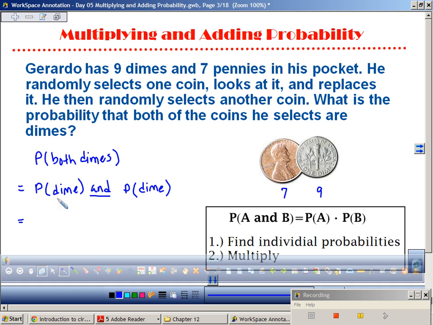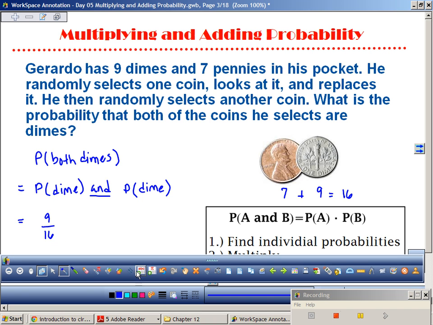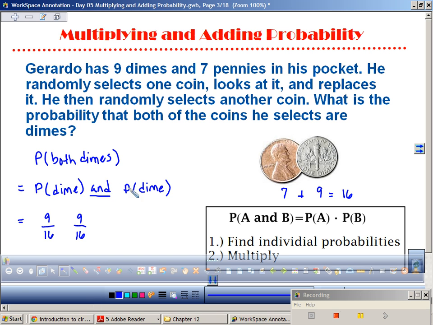All right, so the probability of selecting a dime is there's 9 dimes in his pocket out of a total of 16 coins in his pocket. So the probability of him reaching in and grabbing a dime would be 9 dimes out of 16. The probability of him doing that again would be the same thing. 9 dimes out of 16. And the word "and," both things are occurring, means we have to multiply.